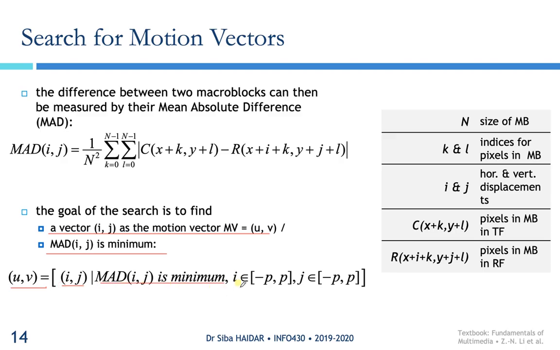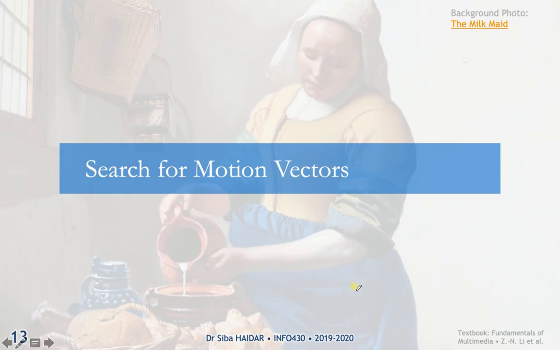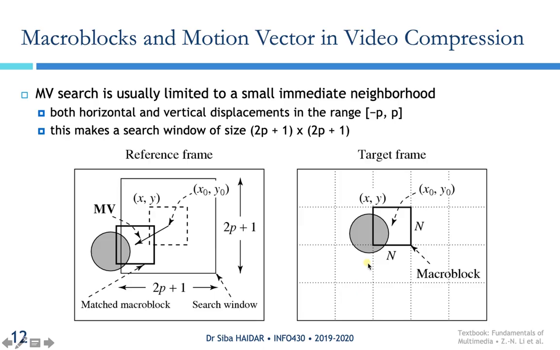As we have said, I cannot search in all the frame, I will search only in a search window where I can vary between minus P and P and J between minus P and P. Supposingly, as I always go back here to show you, this is x0, y0.